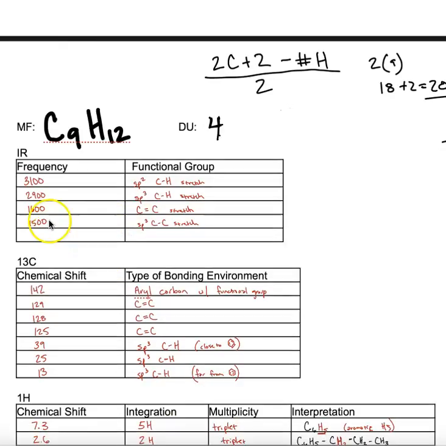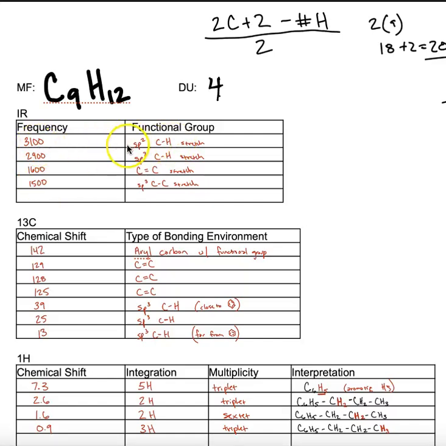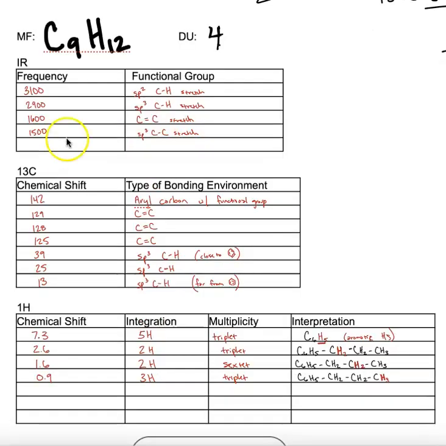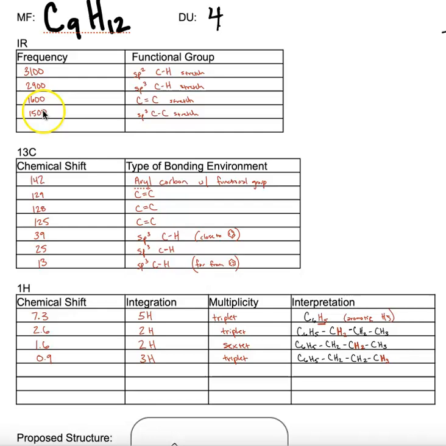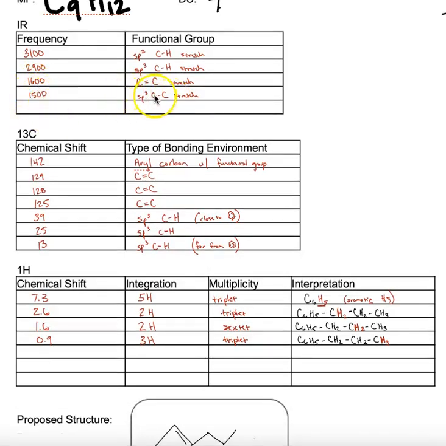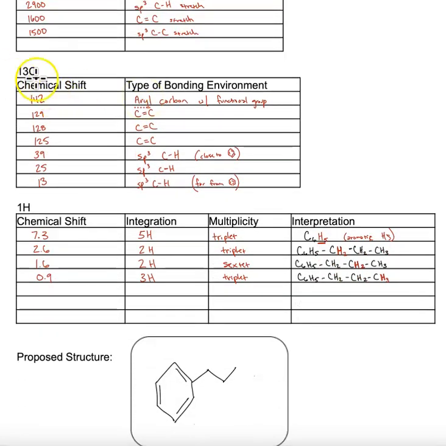Just re-going over our IR spectrometry. 3100 told me we had an sp2 hybridized carbon-hydrogen bond, and 2900 had an sp3 CH stretch. 1600 told me that we have a carbon-carbon double bond stretch, and 1500 a carbon-carbon single bond stretch.